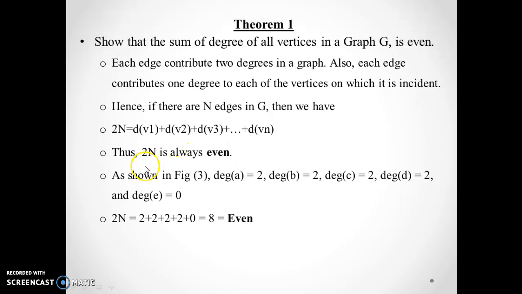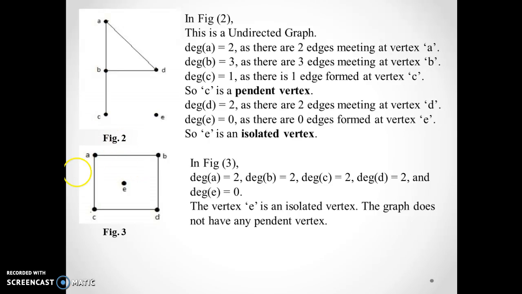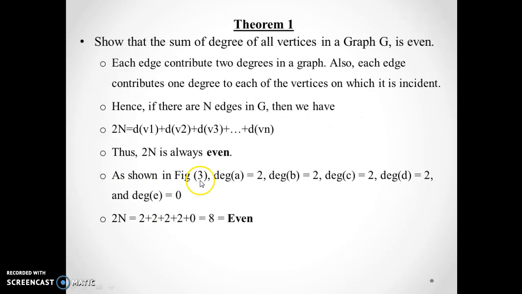So, as shown in the previous figure 3, the degree of A plus degree of B plus degree of C plus degree of D plus degree of E is summed, and it comes to 2 plus 2 plus 2 plus 2 plus 0, which is equal to 8, and again 8 is an even number and is equal to 2n, where n is the number of edges.